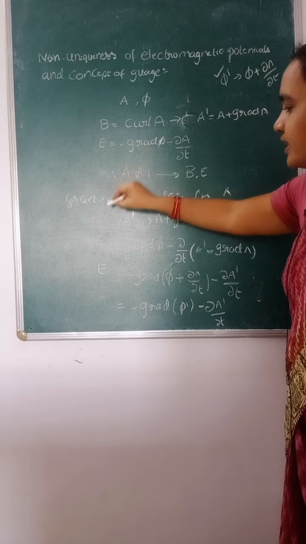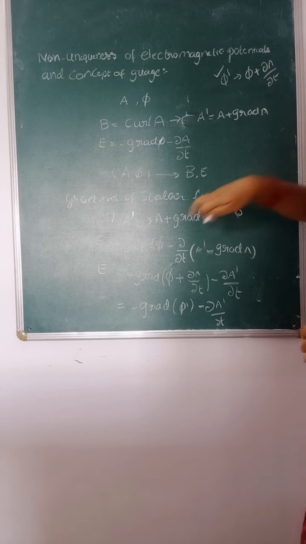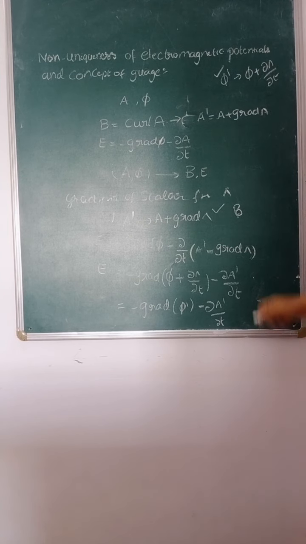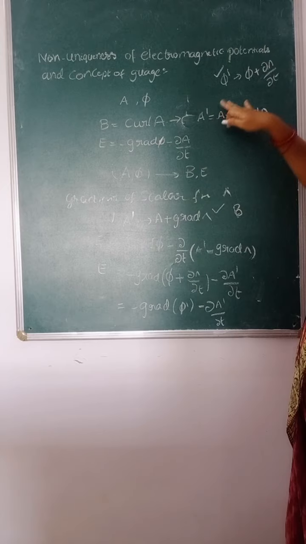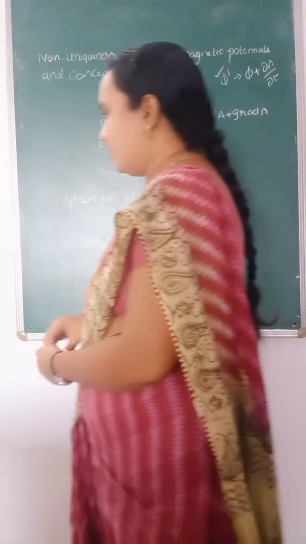So phi dash and A dash are another set of electromagnetic potentials. Let us substitute this A dash and phi dash in these two equations.